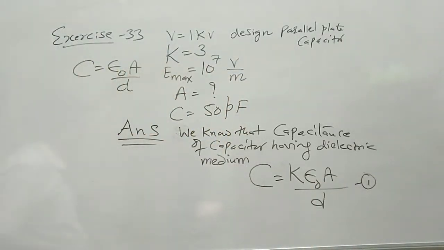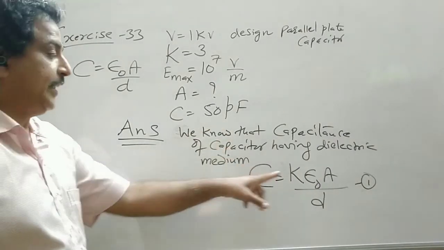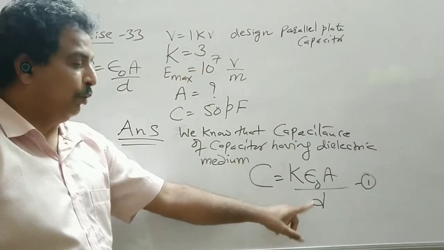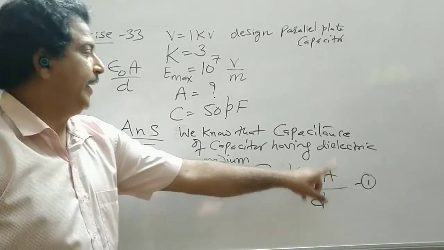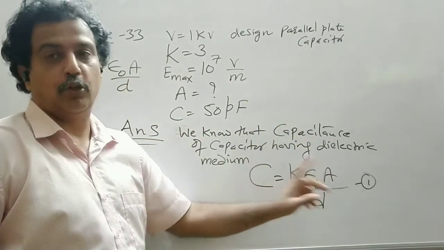This is a simple MCQ-like question. Now C we have in picofarad, K is 3, epsilon naught we know, D you have to find out, and then the area, that is the question.